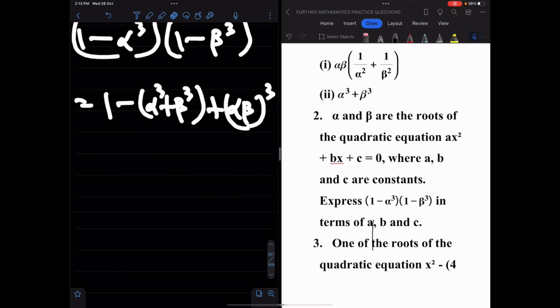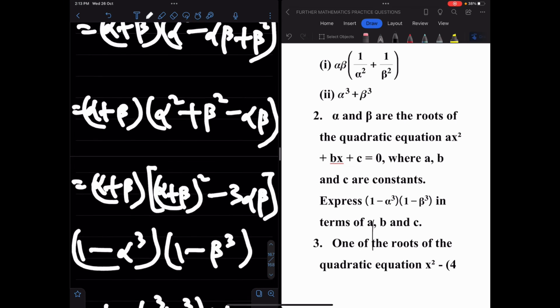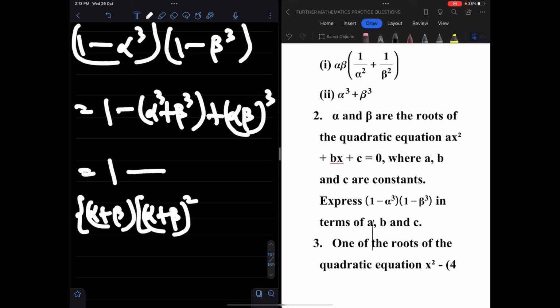Or let me do this. Maybe it will be clearer this way. 1 minus, okay, alpha cubed plus beta cubed. That is alpha plus beta into bracket alpha plus beta all squared minus 3 alpha beta.